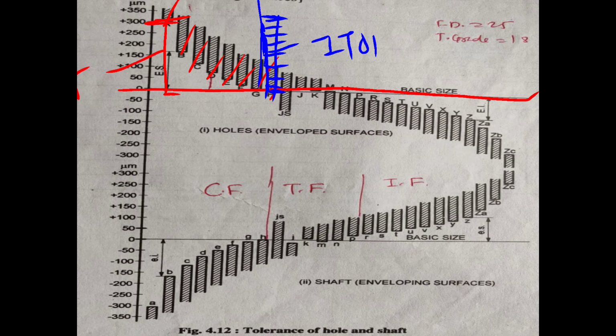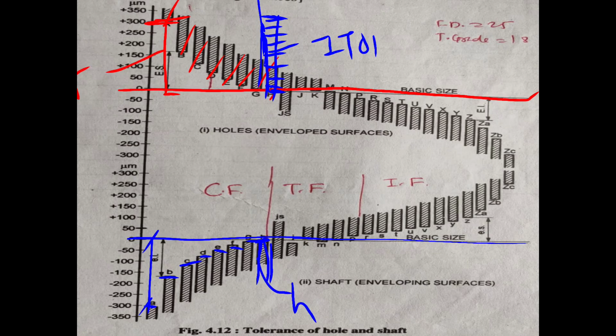Similarly for shafts, the shaft has an upper limit at A, upper limit at B, upper limit at C. So this upper deviation is used for the shafts. Then next, for the H type of shaft, the upper deviation is 0. The upper limit and basic size are the same, hence the upper deviation is 0.